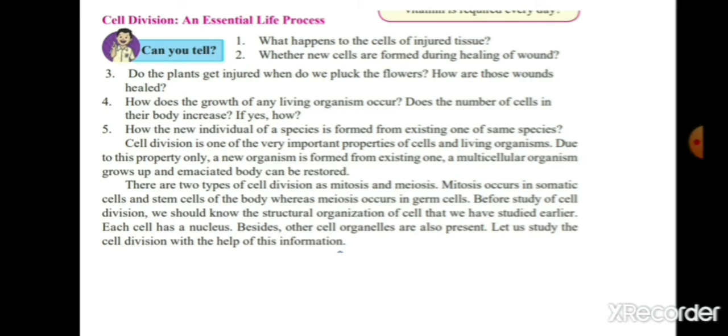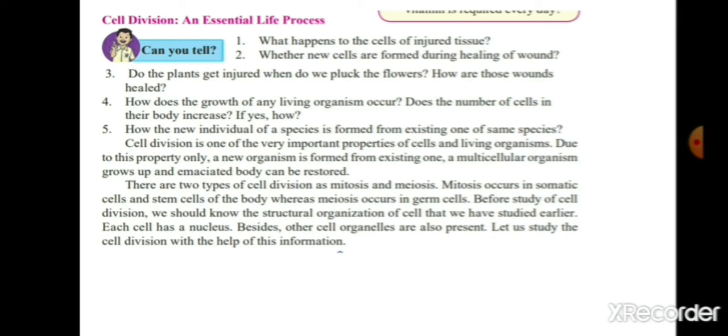Karyokinesis takes place in 4 stages and it is followed by cytokinesis. Meiosis 1 and meiosis 2 take place in 4 stages each: prophase 1, metaphase 1, anaphase 1, telophase 1, followed by prophase 2, metaphase 2, anaphase 2 and telophase 2.